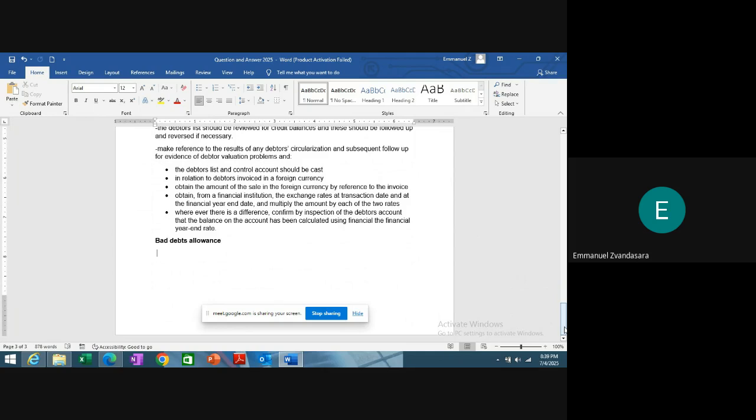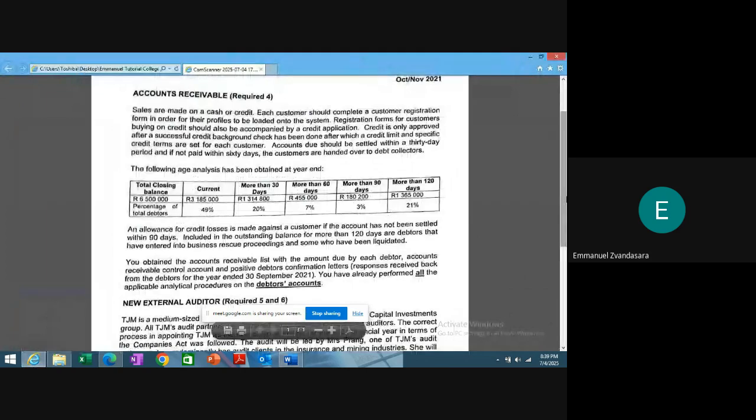So let's quickly look at the procedures that we will perform in relation to the bad debts allowance. Our question is saying an allowance for credit losses is made against the customer whose account has not been settled within 90 days, and also all information included in the outstanding balance for more than 120 days. These are debtors that have entered into business proceedings and some who have been liquidated. Okay.